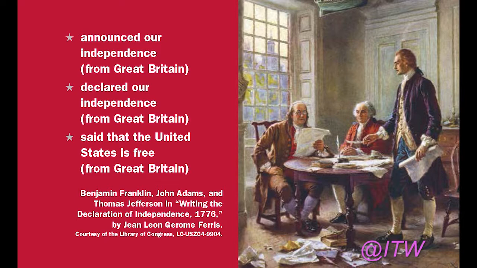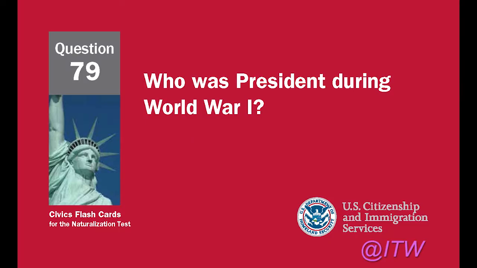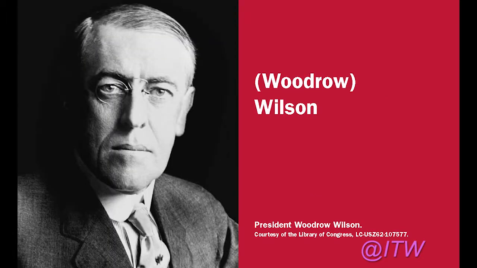Announced our independence from Great Britain. Declared our independence from Great Britain. Said that the United States is free from Great Britain. Who was president during World War I? Woodrow Wilson.